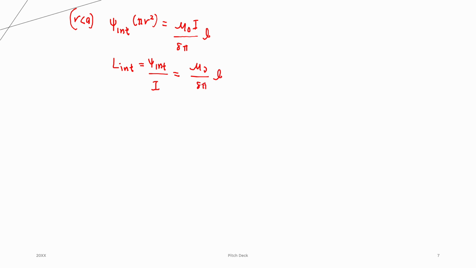Since they asked about inductance per meter, this L we should bring downside, so it's going to be L internal over the length, which is mu naught over 8 pi Henry per meter. This is the value of the inductance produced inside conductor 1 at the regions of r lesser than a.